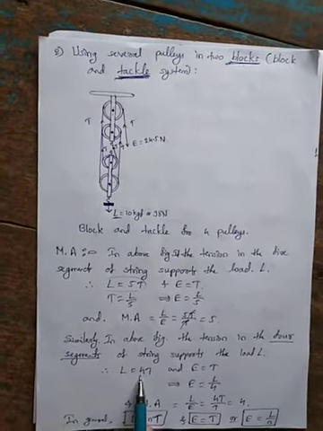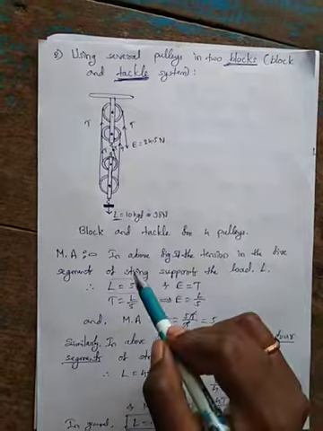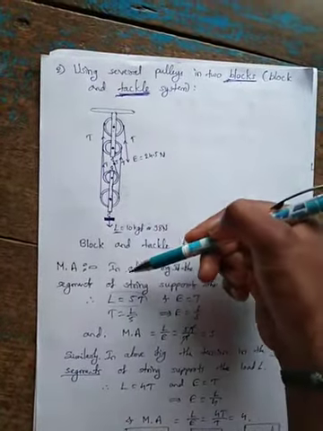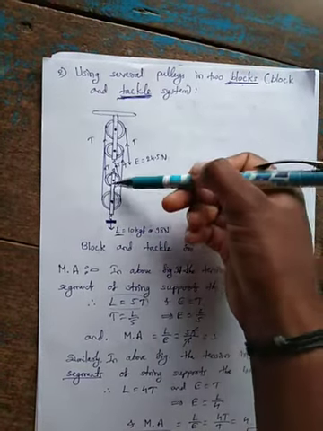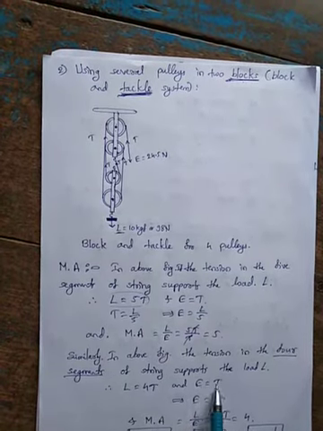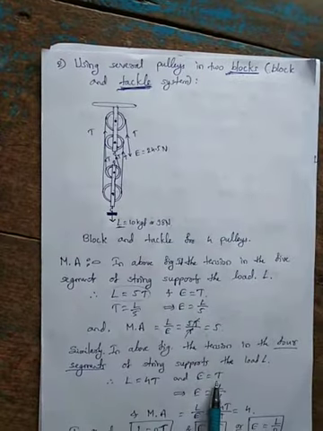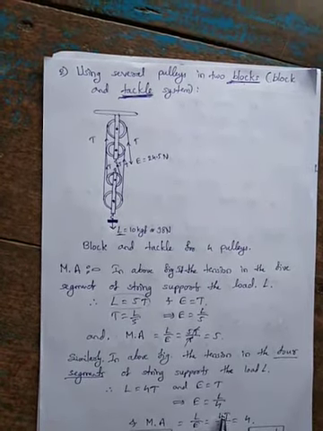Therefore, L is equal to 4 times T. If we used 7 segments in this diagram, then our load is equal to 7 times T. Here we used only 4. L is equal to 4T. And effort is the same. See, throughout the string T is same. E is T, so E is equal to L by 4.